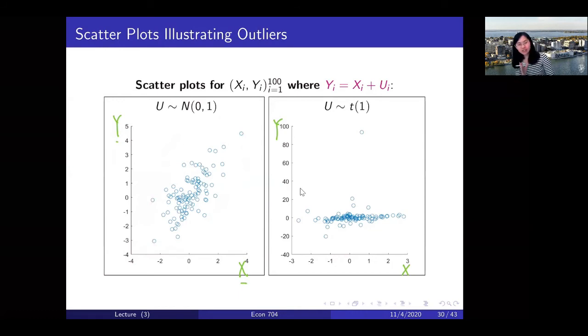It's not that y or x cannot take huge values. The probability that y can take value greater than, say, 100 is still positive, right? Because the support of the standard normal is the whole real line. It includes every point on the real line.